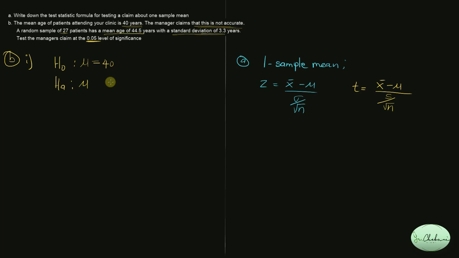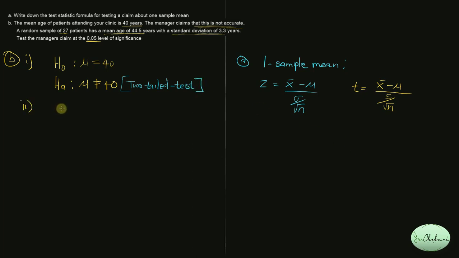Since the manager didn't commit to any side, we would say the population mean is not equal to 40 years. So we have our null hypothesis and our alternative hypothesis. This will result, later on, in something called a two-tail test.